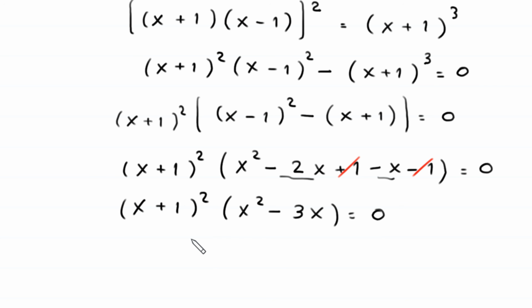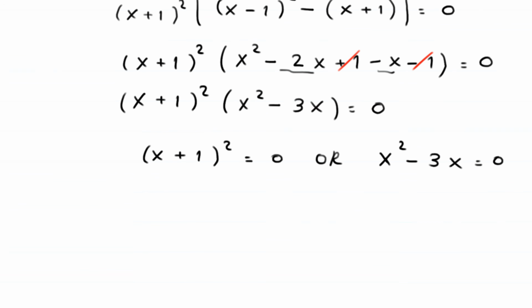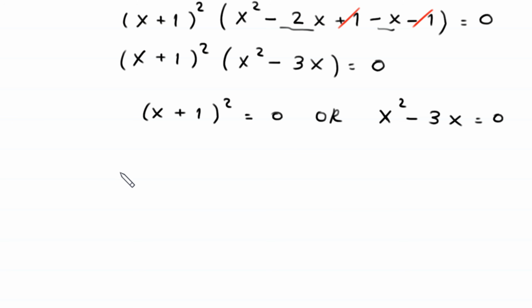From here it is this expression x plus 1 whole squared is equal to 0, or this expression x squared minus 3 times x equal to 0. If we take square root of both sides of this equation, this implies that x plus 1 equal to 0, and this implies that x is equal to negative 1.